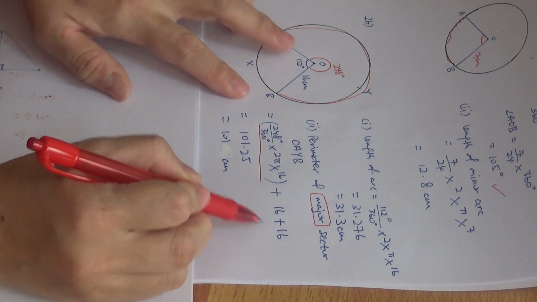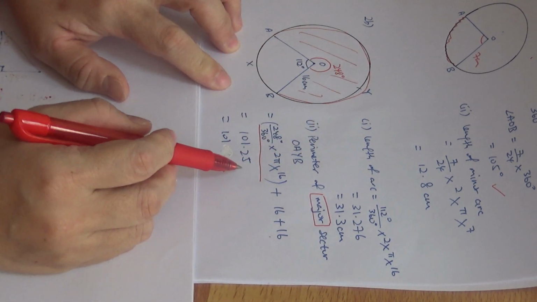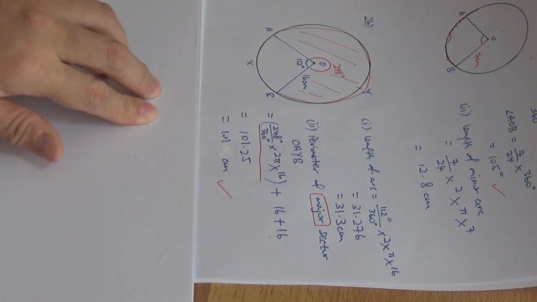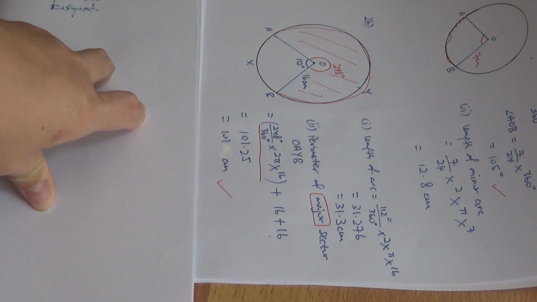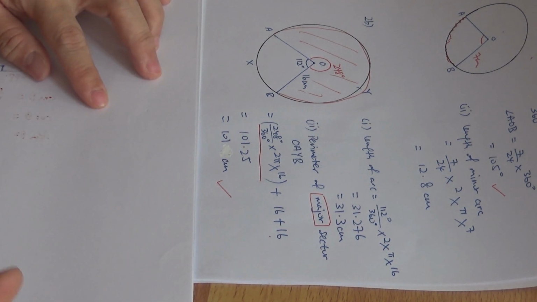I must plus 16 because they want the perimeter of this sector. So finally, I will get to 3 significant figures 101 cm. Now we are just applying the formula, but be very careful when you read the question whether they want the minor or the major, whether they are giving you the diameter or the radius. These are the two things that you must take note of.